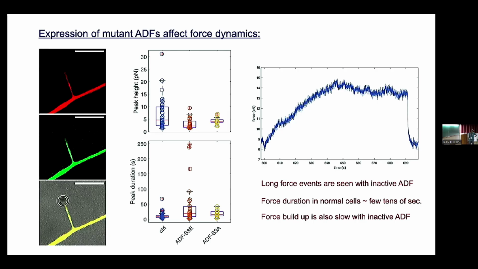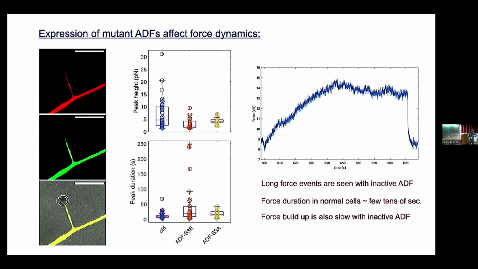Then we used inactive forms of ADF, and when we use an inactive form of ADF, we see that the force generation decreases. There's much less force generated. Remember that the inactive form is competing with the wild type or the natural form, so it's only a competitive inhibition.